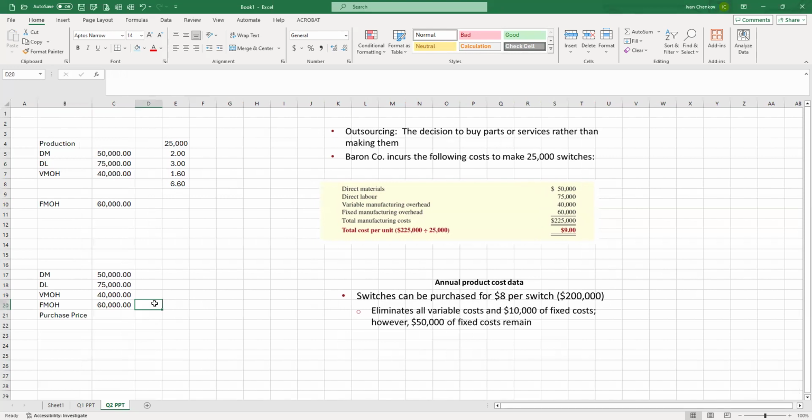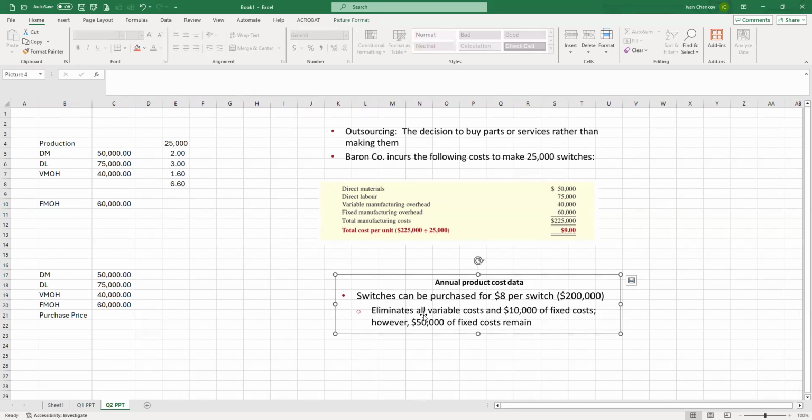So this order will eliminate all the variable cost and 10,000 of the fixed cost. However, 50,000 of the fixed cost is gonna stay. Make sense?